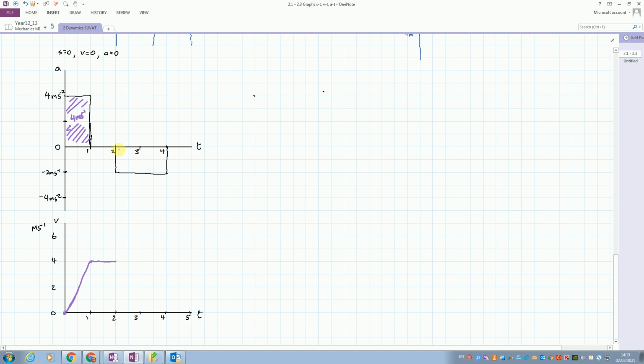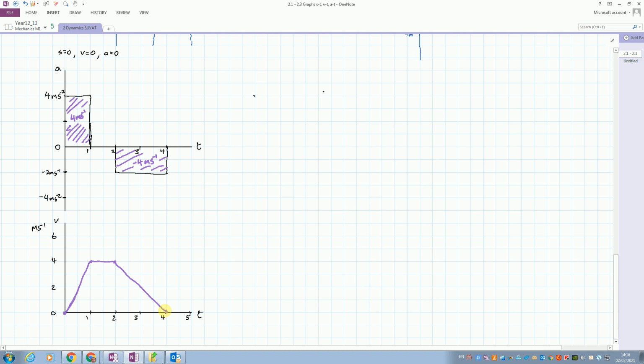Then we've got a period where we've got a negative acceleration. 2 seconds at minus 2 meters per second squared is minus 4 meters per second. That's the area inside that graph. So the graph over this period of 2 seconds drops 4 meters per second in speed. So that's your velocity profile.